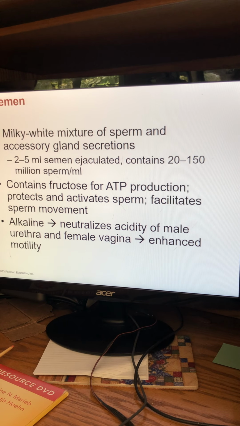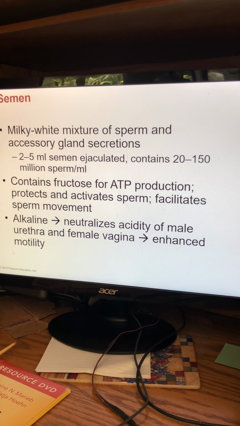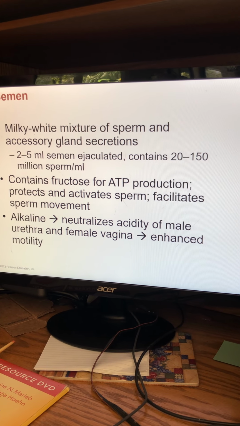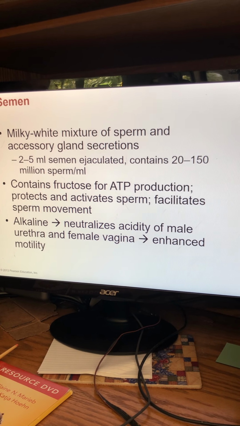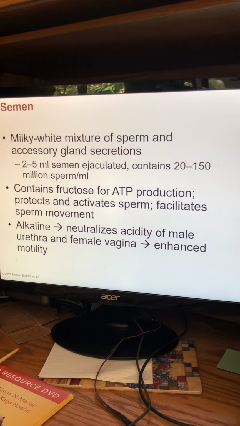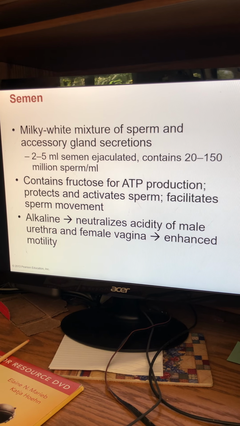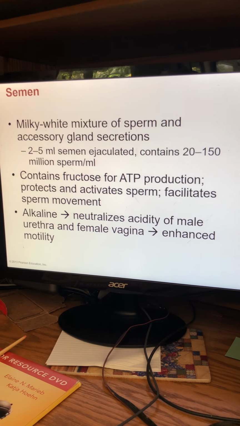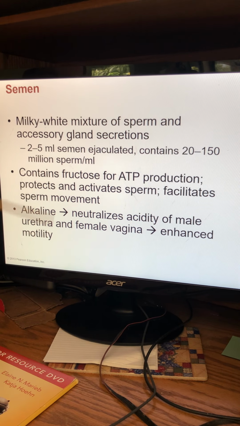So that's going to be per cc. So the way that it works is that it is not one sperm and one egg. They are going to launch 250 million sperm, and it's more of a shotgun effect rather than a sniper bullet.